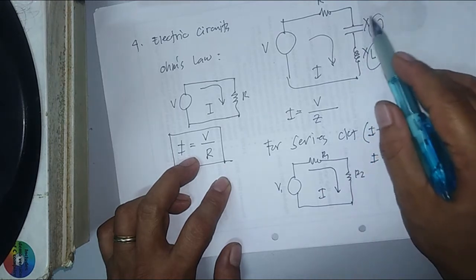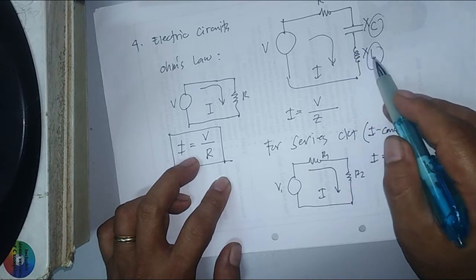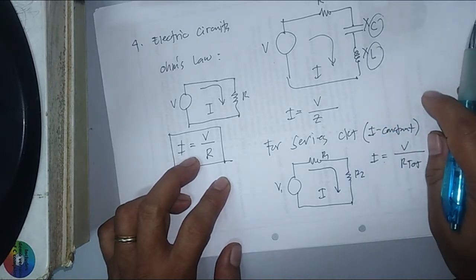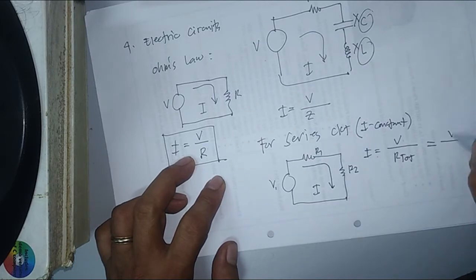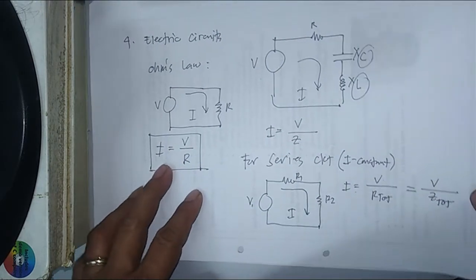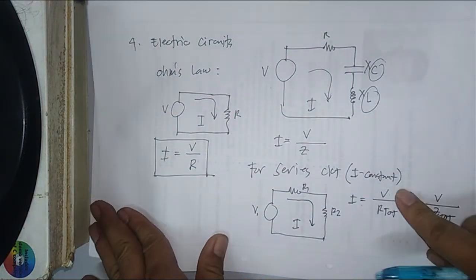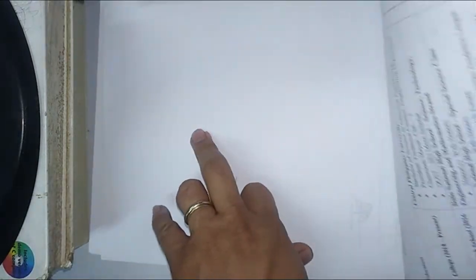If you have XC, we call this your capacitive reactance. If you have XL, you call this your inductive reactance. That is equivalent to V all over the total impedance. You will review this in your circuit analysis.